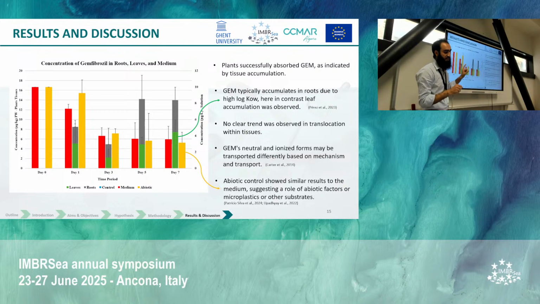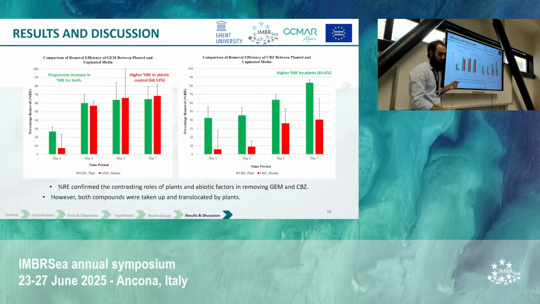But here I didn't see any significant pattern; it is increasing and decreasing in the roots and leaves without any specific pattern. Most of the reduction was also seen in the abiotic control. So this behavior is very unusual, and these results are not promising for gemfibrozil.